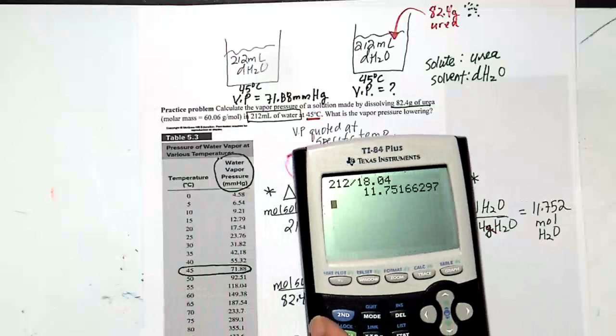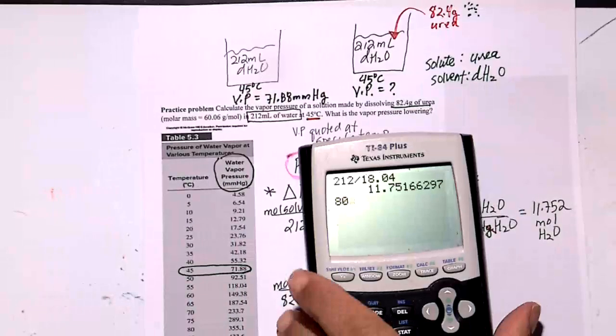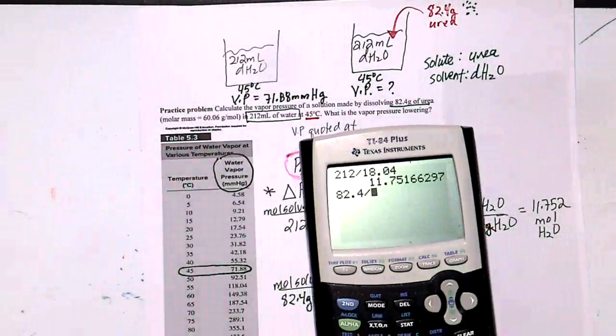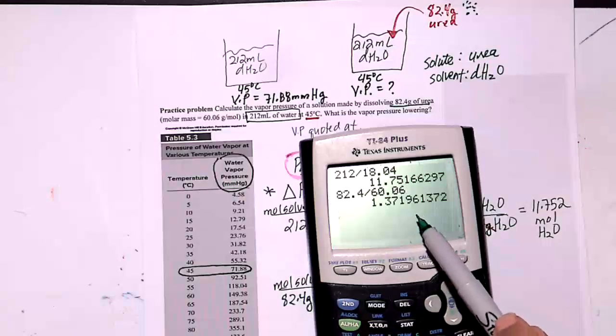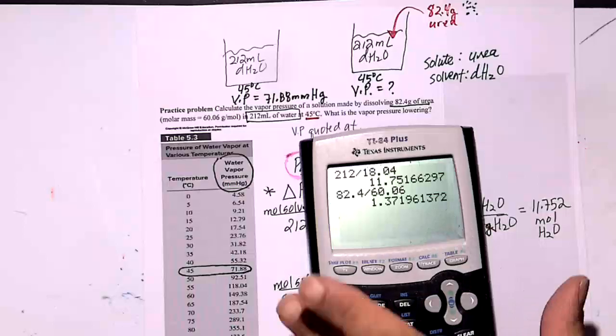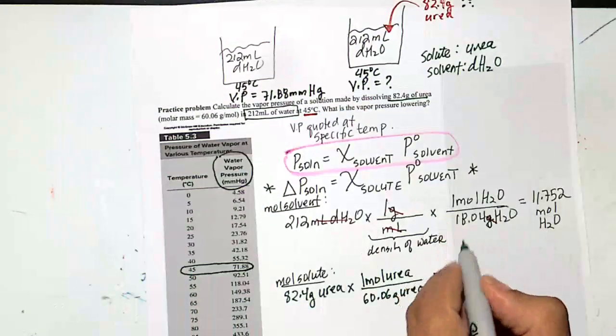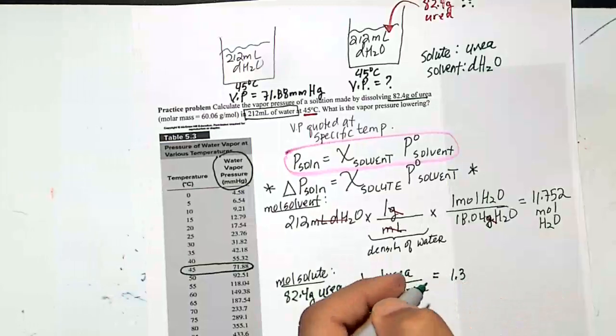So 82.4 divided by 60.06 is about 1.372 moles. So 1.372 moles of our solute.